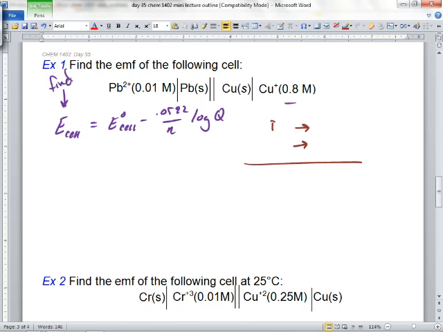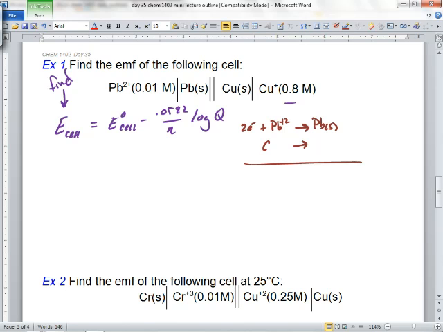Pb plus 2 goes to, the cell notation tells you, goes to Pb solid. And where would you write the electron? Yeah, and how many electrons? 2, good. And keep going, you're on a roll here. How about the next half reaction? Cu, stop. Whoa.